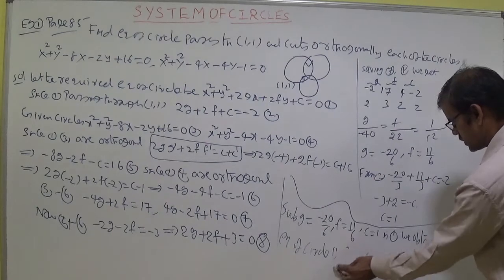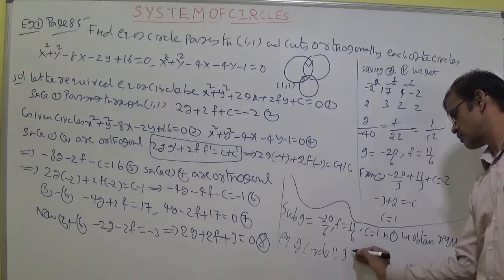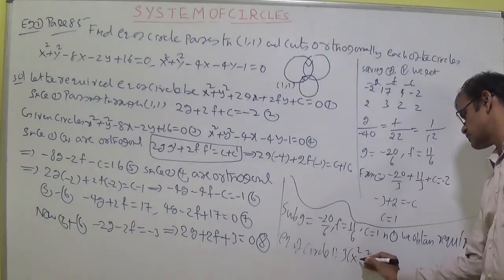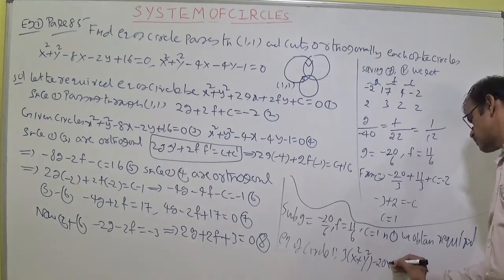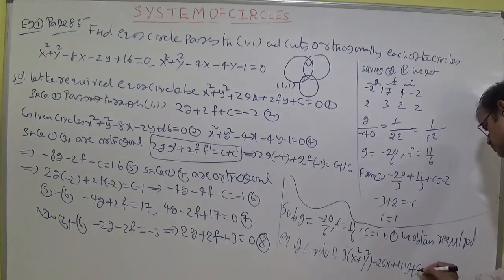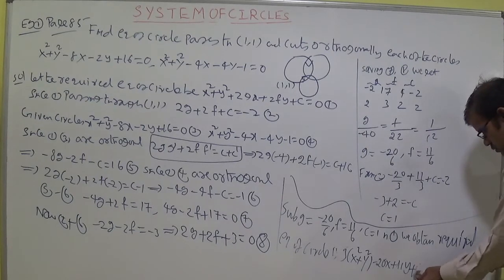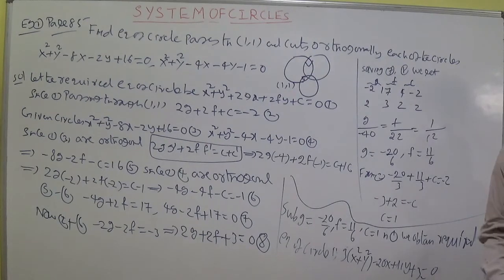So taking the LCM, it becomes 3. 3 into x square plus y square minus 20x plus 11y plus 3 is equal to 0. This is the required equation of circle.